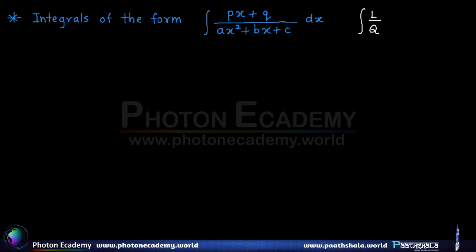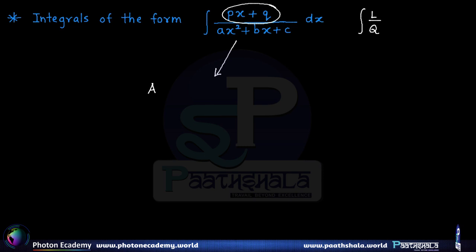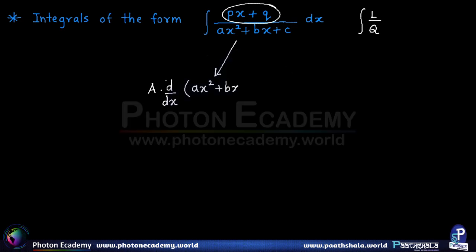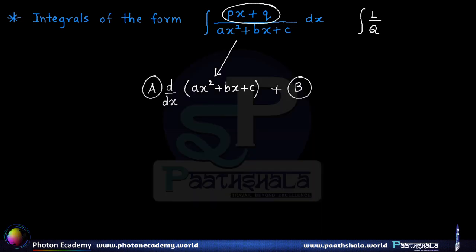So if it is of the form linear upon quadratic, what we have to do is this numerator we have to somehow write as some unknown constant, say A, into the derivative of denominator, that is ax square plus bx plus c, plus some constant B. So here the uppercase A and uppercase B are the two unknown constants that we have to determine so that the numerator can be written in this particular format.